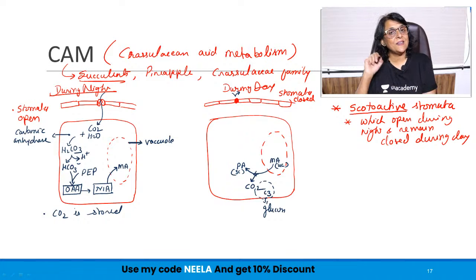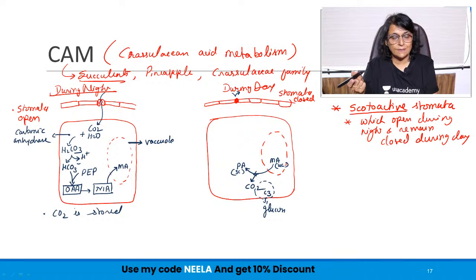That means C3 cycle will take place, and this is daytime, so light reaction is also taking place. As soon as light reaction takes place, ATP, NADPH2 are synthesized and carbon dioxide is released inside the cell. Carbon dioxide is accepted by RuBP. Rubisco is already there. C3 cycle will take place and glucose will be synthesized.